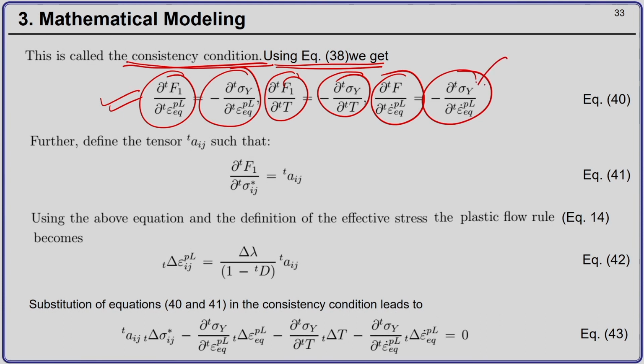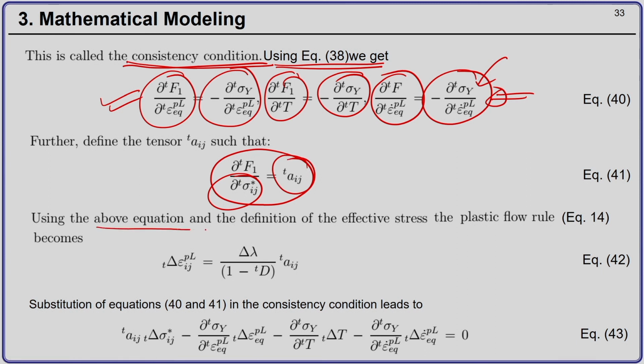If you are given sigma y explicitly, in terms of these quantities you can compute these relations in equation 40. Furthermore, I can define the derivative of the potential F1 with respect to effective stress sigma as another tensor A, given by A_ij.